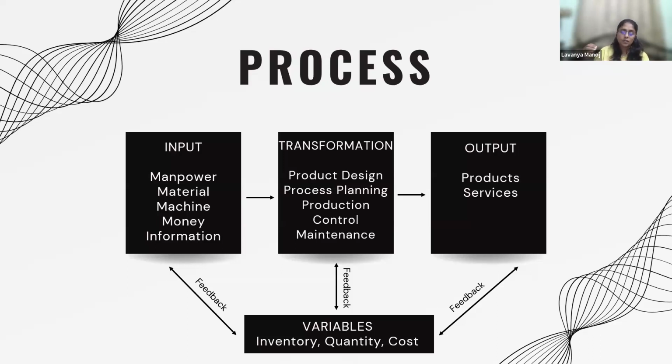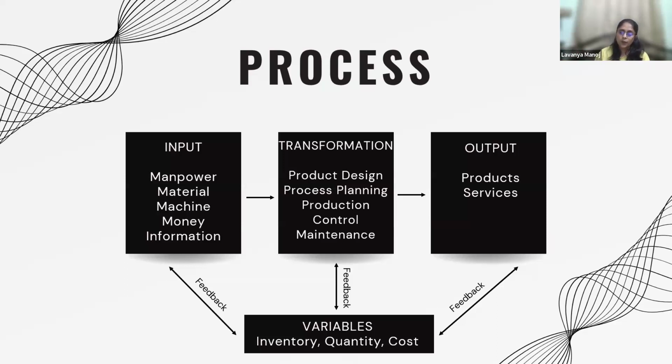We cannot say this is going to be the exact cost of the whole process, or this is going to be the exact quantity. But few quantities may be more, or few quantities may be less. For example, if there is a breakdown during the production process, instead of the 1,000 quantities you planned for at the end of the output, because of the breakdown or some malfunctioning of the machinery, you may be getting only 994 or 995 products.